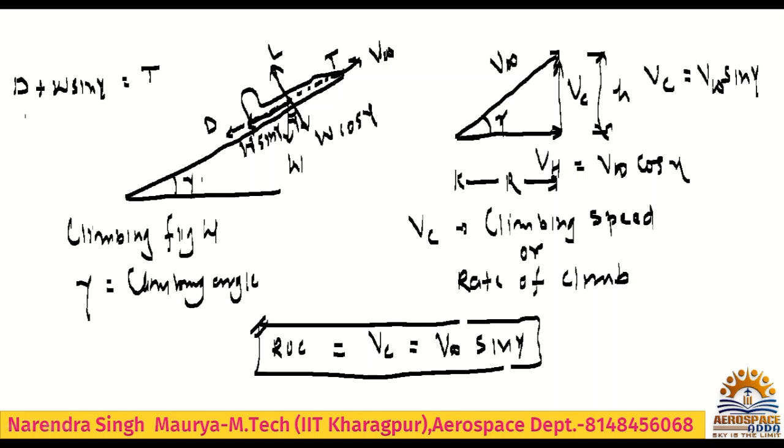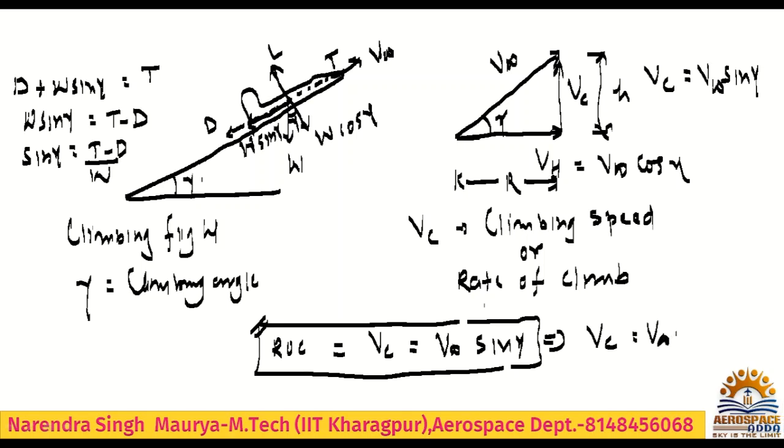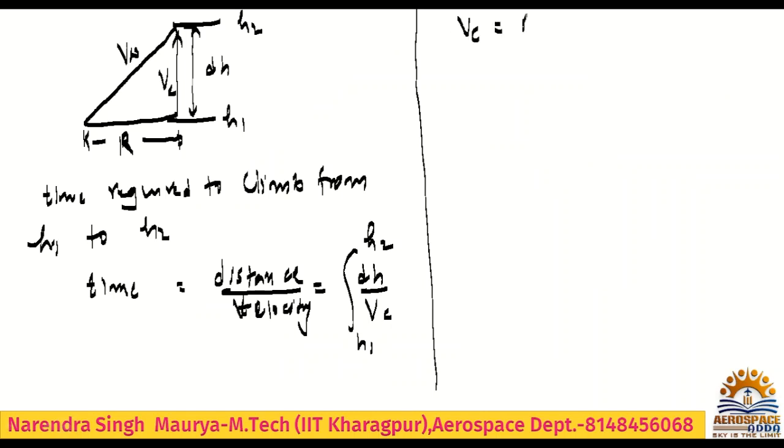So W sin gamma is T minus D, and sin gamma is T minus D by W. Vc is V infinity sin gamma, and sin gamma is T minus D divided by W. So directly I can write Vc, which is the rate of climb, as T minus D by W into velocity.